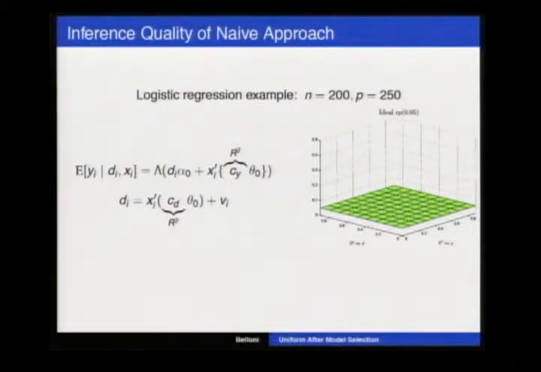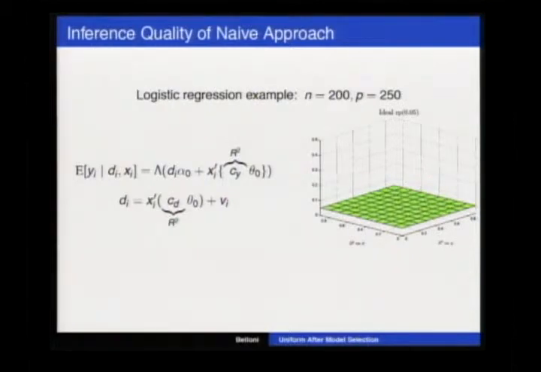The way I construct the treatment is a linear combination of the controls plus some random shock, which is normal. And then I generate y's according to this probability.